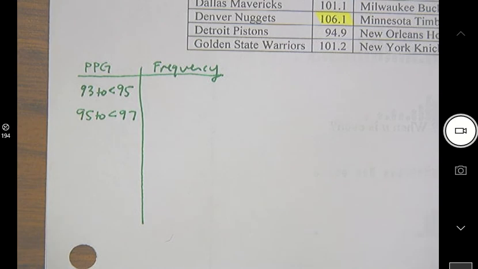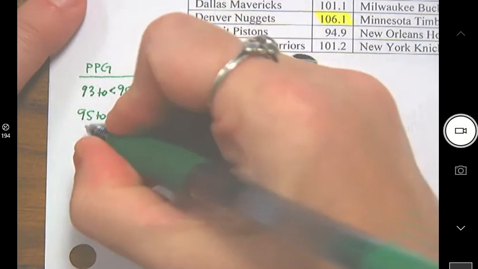Go ahead and keep doing this. Follow the pattern all the way up until you get to at least 106. We have to cover all of the data.